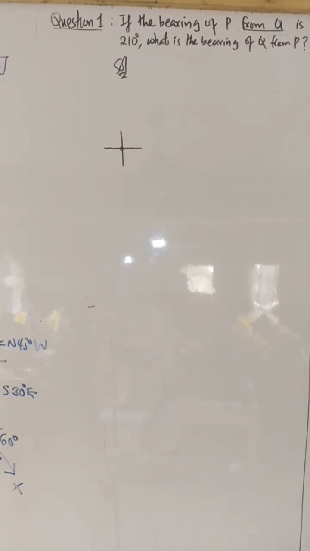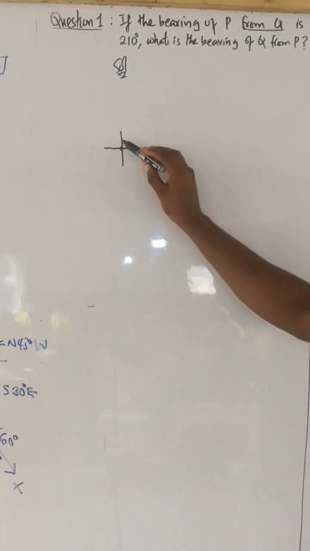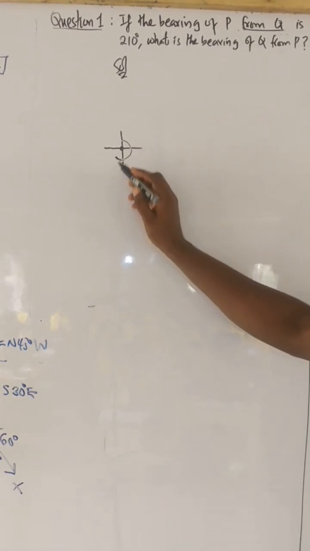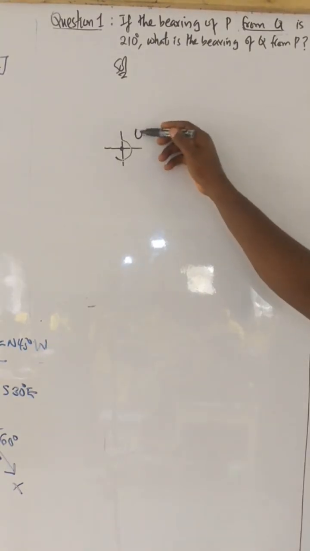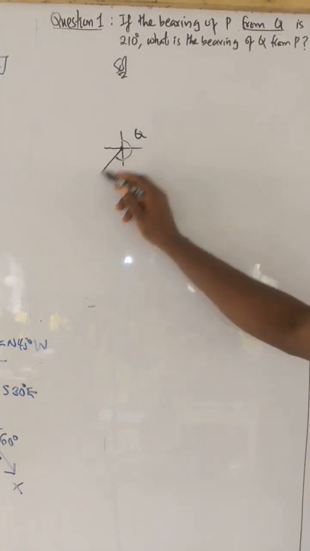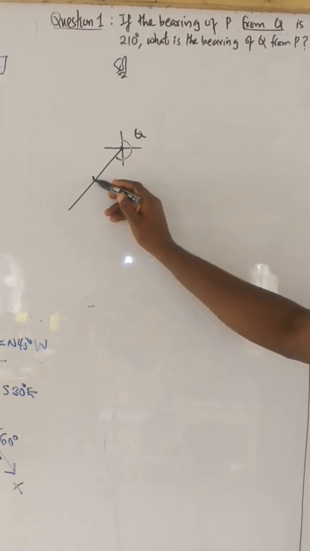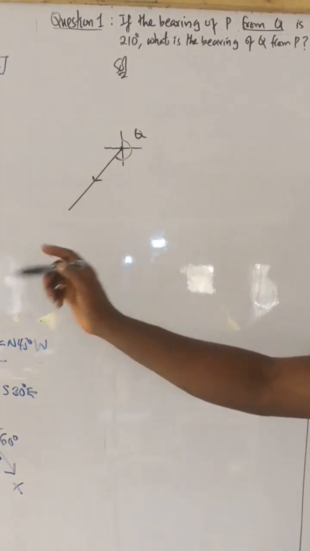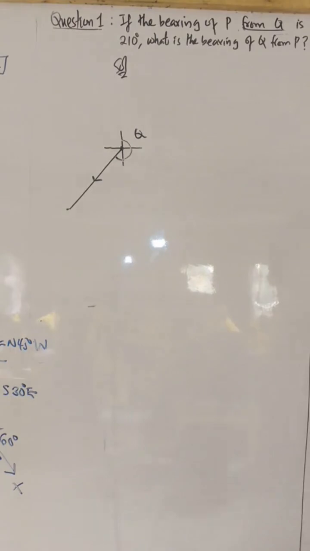So 210, let's go. 90, 180. From 210, if we remove 180, that is 30. So we're bringing 30 here. So from this Q, this is the bearing or direction of P. So let's suppose P is here.